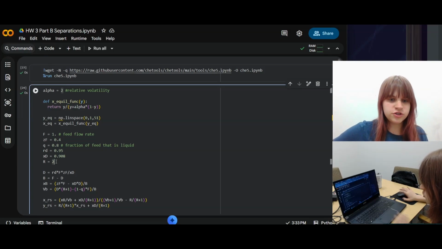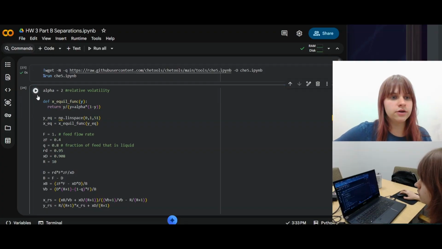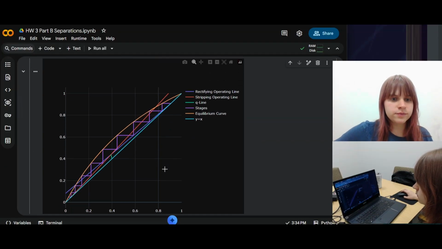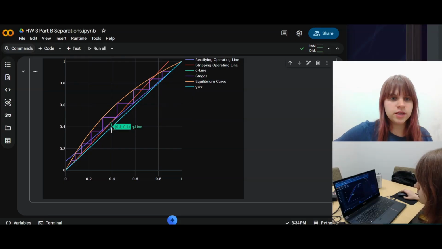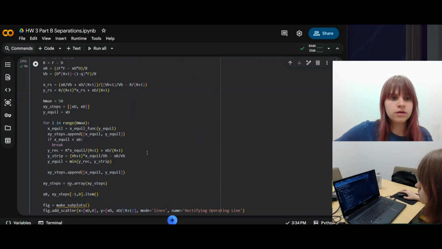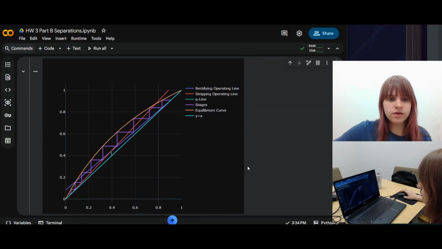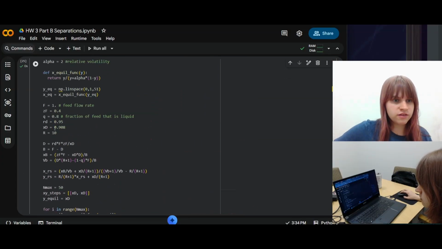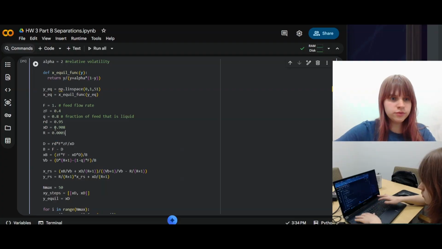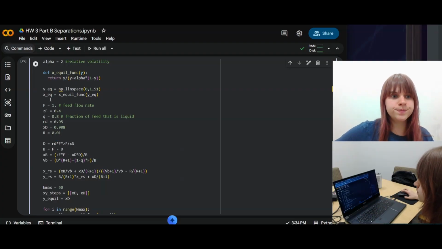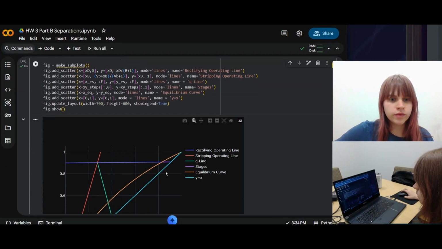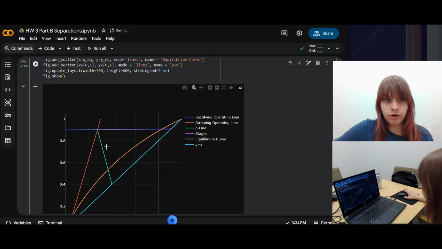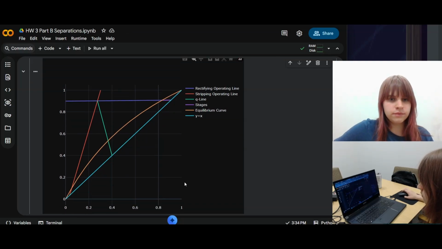So first I want to show what a slightly higher reflux ratio does. As you can see, immediately lowers those lines. So that's why I was saying in part A, if you had no reflux ratio at all, so if I set this to be really small, this wouldn't work at all, whatsoever.